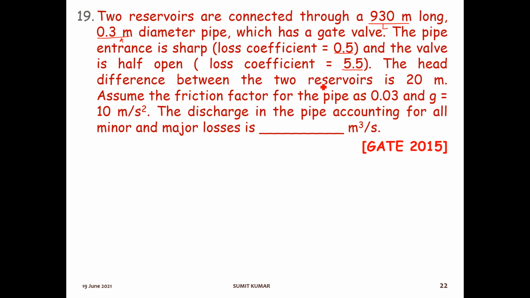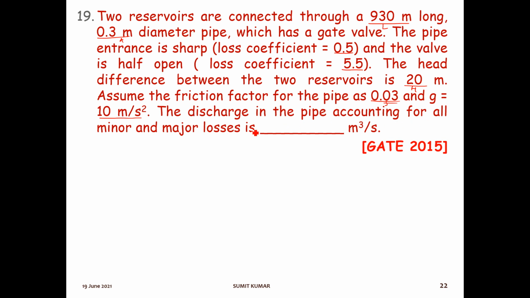The head difference between the two reservoirs is 20 meter, that is total H. Assume the friction factor F is given, and the value of g which we need to take is 10 meter per second square.